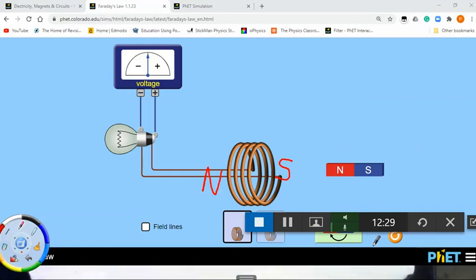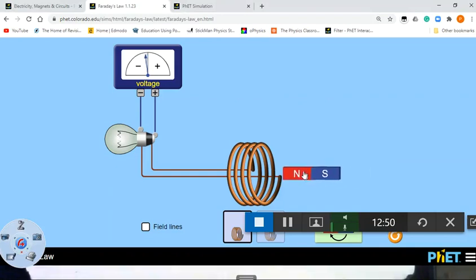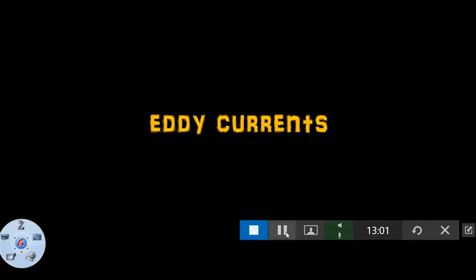So placing my right hand so that my thumb points to the right, we can see from my knuckles to my fingertips that the current flows up here, creating a positive flow of current. So Lenz's law is simply that the current that is induced will always oppose the change creating it. And likewise, if I turn the south side, we see the same thing happening.